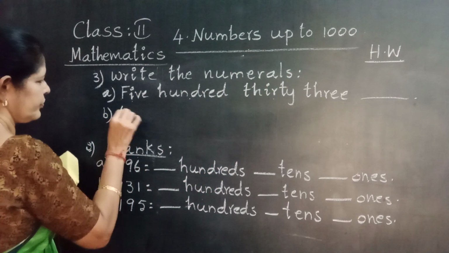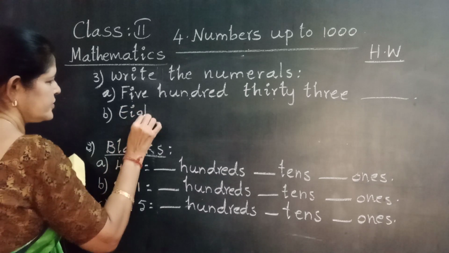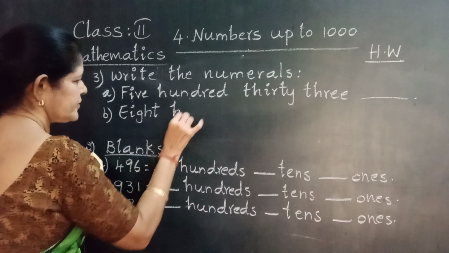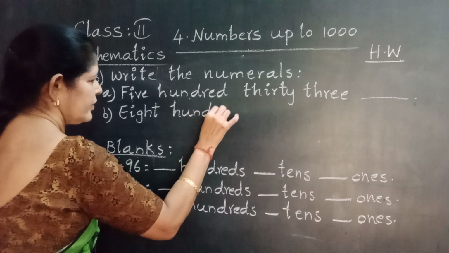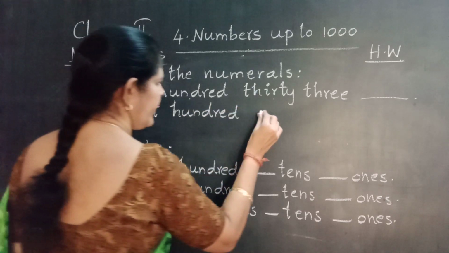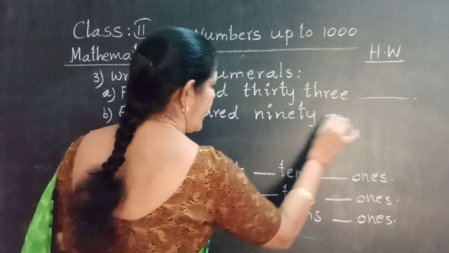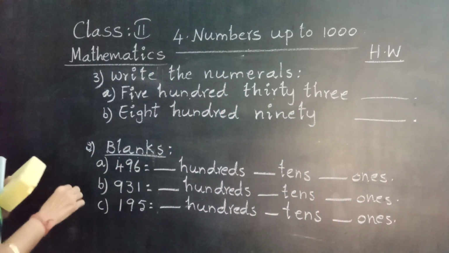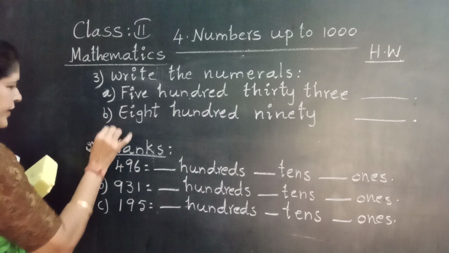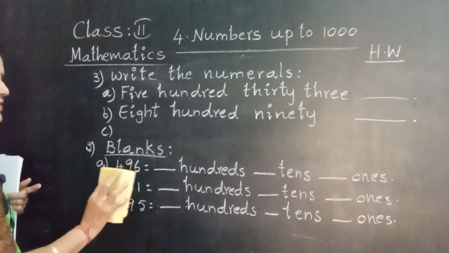You write the number: 533. Next one. Eight hundred ninety. 890. Next, C.